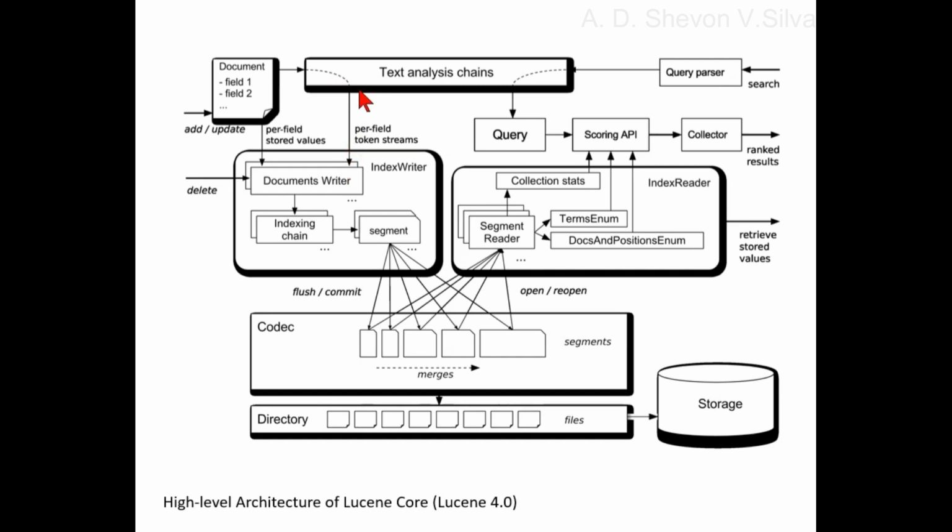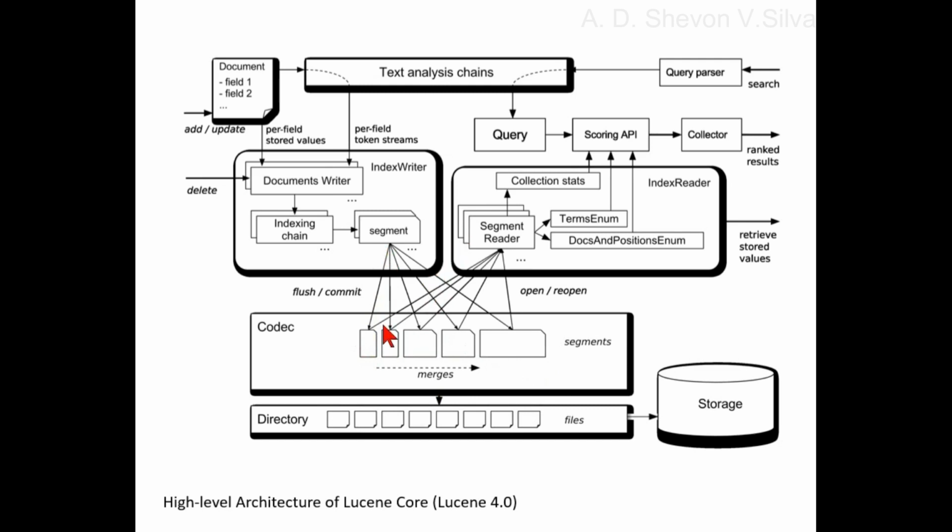Delete is connected to the document writer. Document writer, indexing chain and segments are inside the index writer. Document writers are connected to indexing chains. Indexing chains are connected to segments. Segments are connected to codecs via flush or commit.